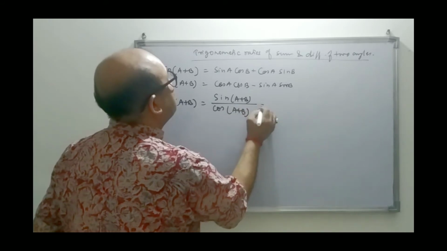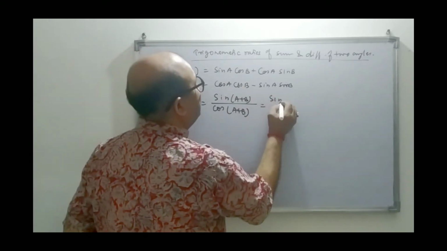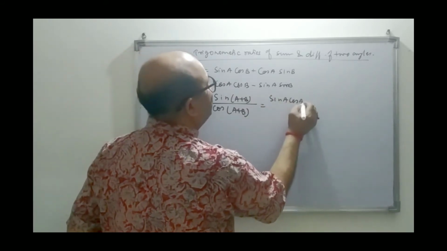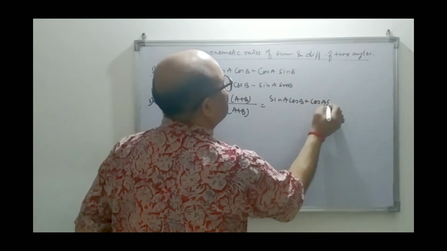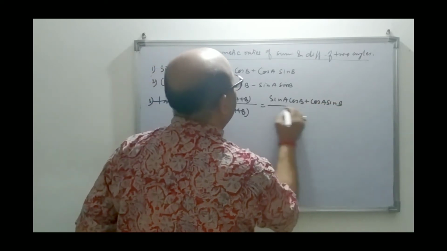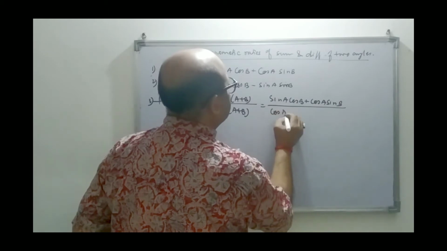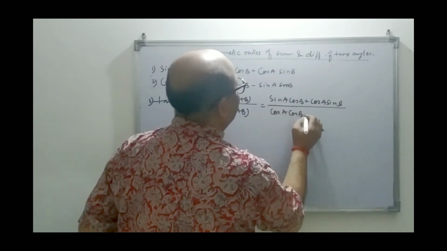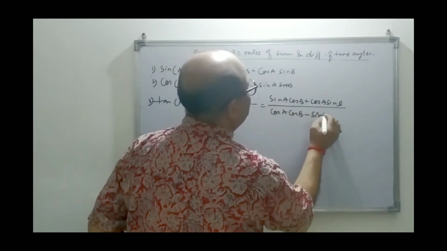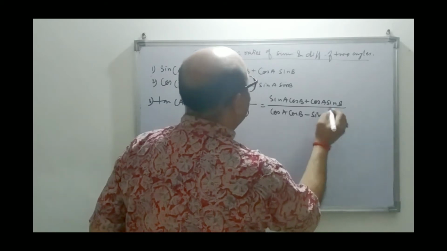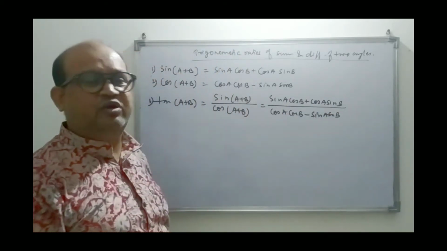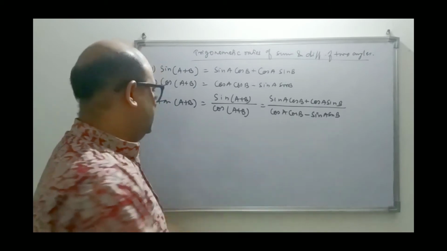That gives you sin A cos B plus cos A sin B upon cos A cos B minus sin A sin B. Now divide numerator and denominator by cos A cos B.